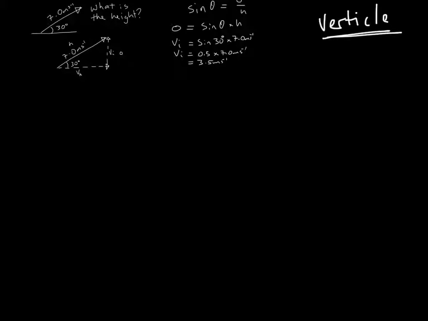So for a start, obviously, the initial velocity equals 3.5 meters per second. Now, the next part is what is the final velocity. We have to be really careful here.